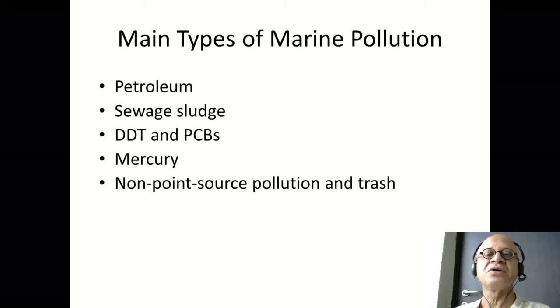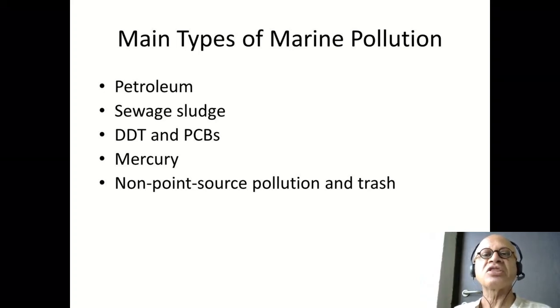Mercury is being produced. It used to be photographic waste. Now we have all gone digital, but burning coal produces a lot of mercury, mining produces a lot of mercury, and there are many other activities, including cremation of human bodies, that can produce mercury and so on.